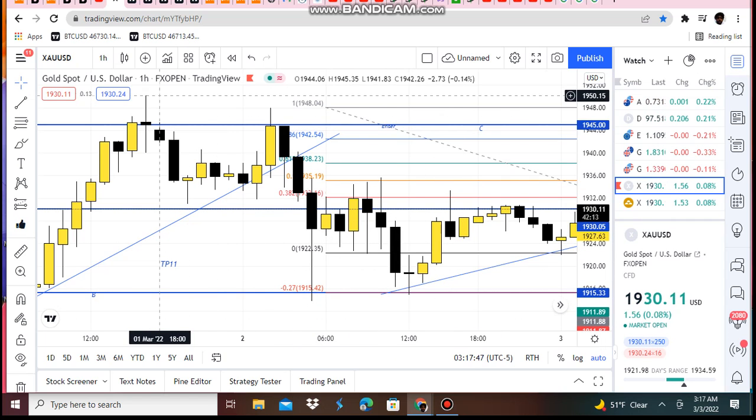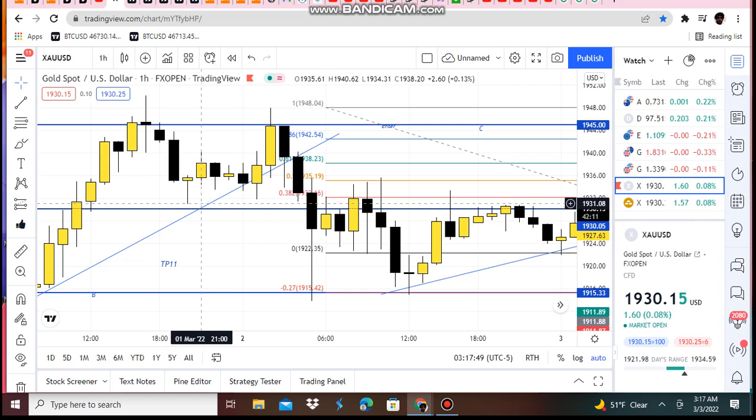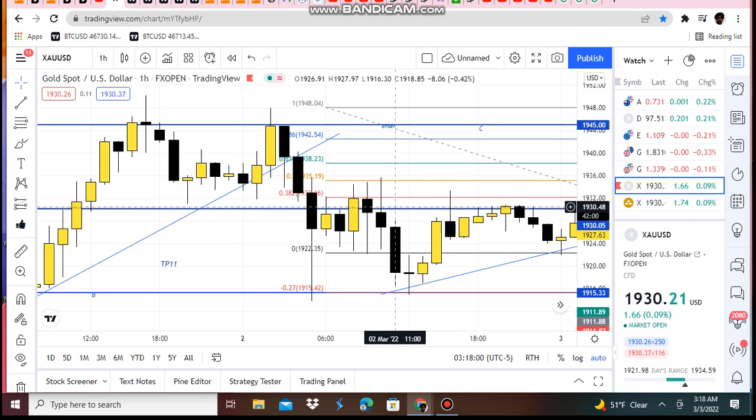It started up here at 1950 and made a lower low all the way down to 1931. Made a lower high back up here to 1947 and then eventually made a lower low all the way down to 1915, 27 extension. Made a lower high back up to 1935 and then made a lower low back down to 1915.